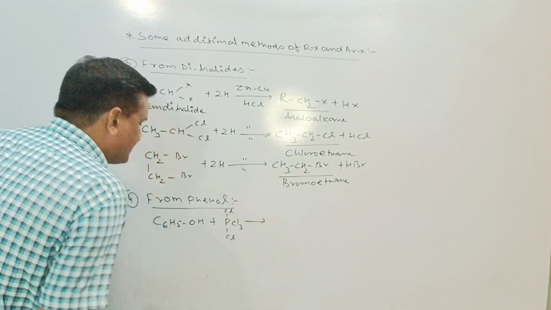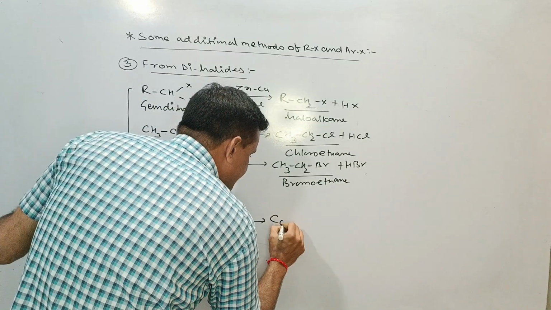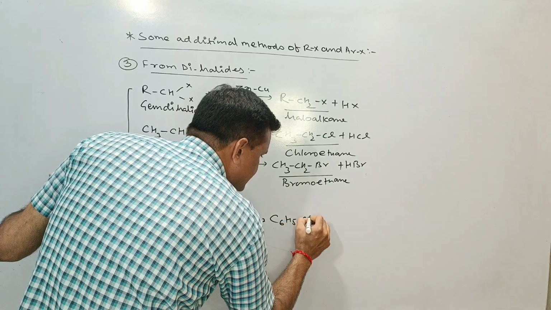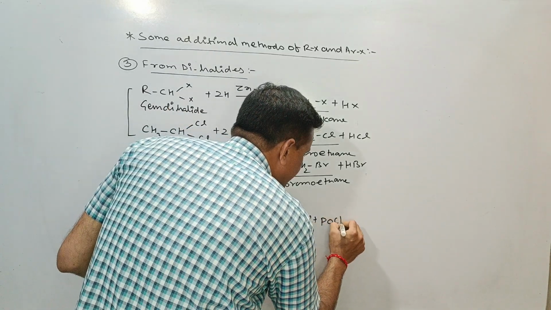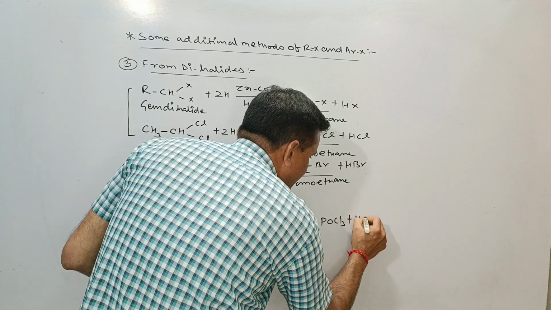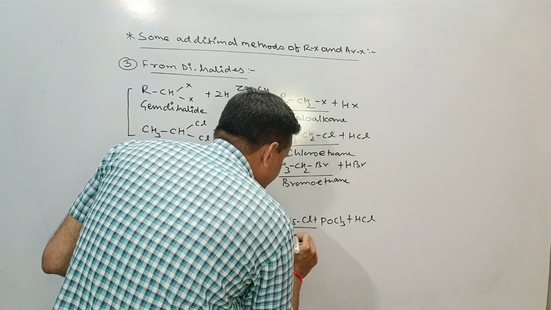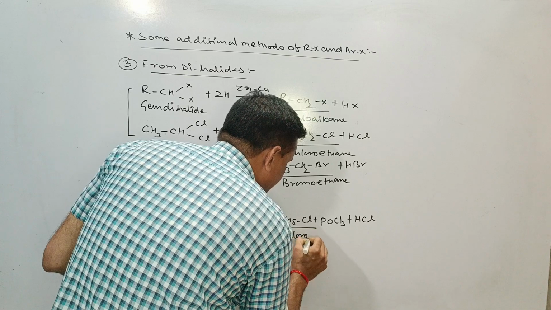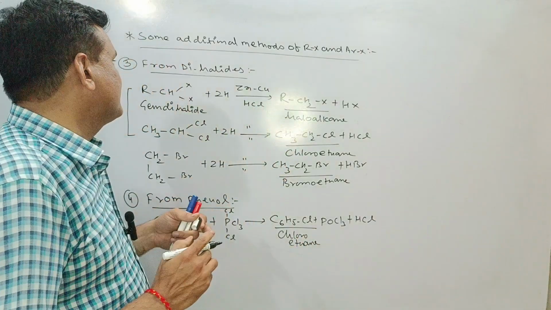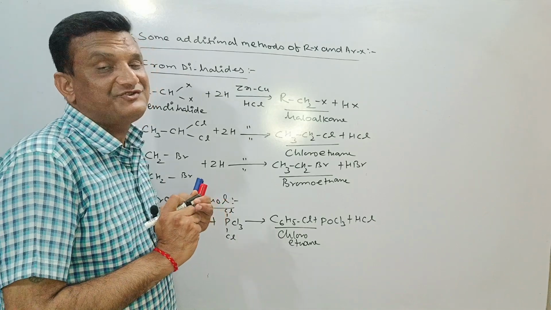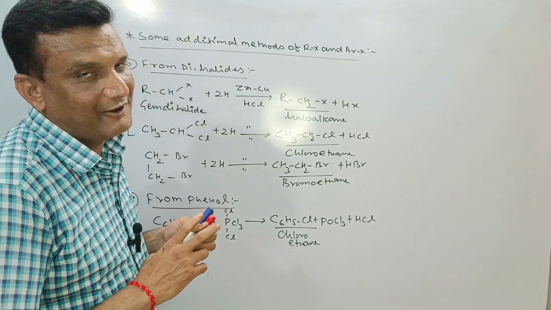So here will be formation of C6H5Cl plus one molecule of POCl3, phosphoryl chloride, and another molecule of HCl. This is chlorobenzene. So this was about the 4 important techniques as additional techniques for haloalkane and haloarene.